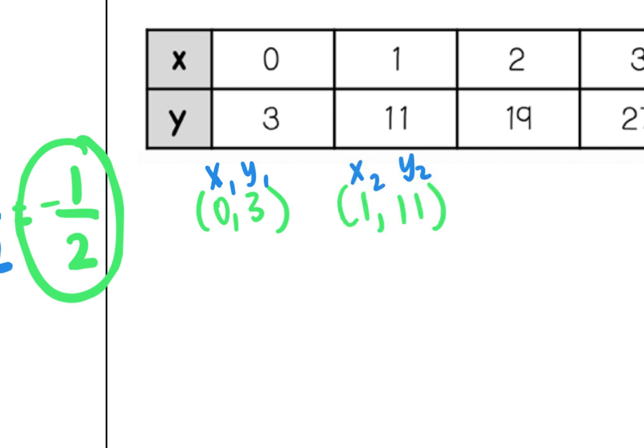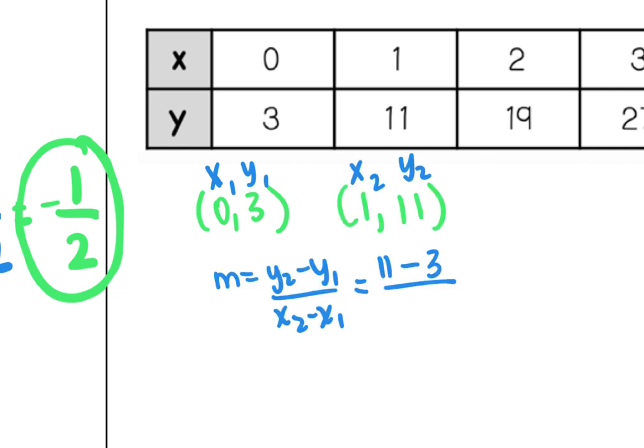Now we can plug them into that slope formula, y2 minus y1 over x2 minus x1. So my y2 is 11 minus my y1, which is 3, divided by my x2, which is 1, minus my x1, which is 0.